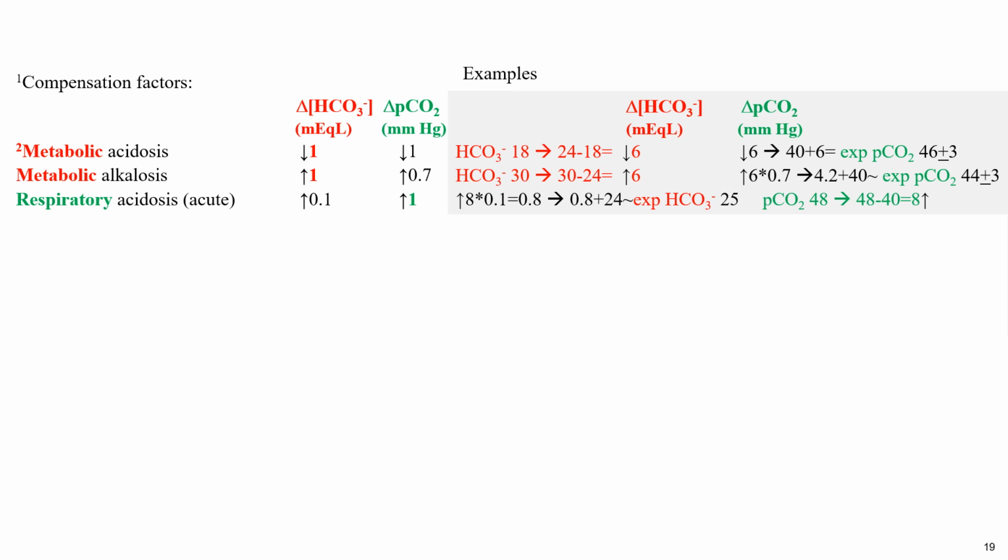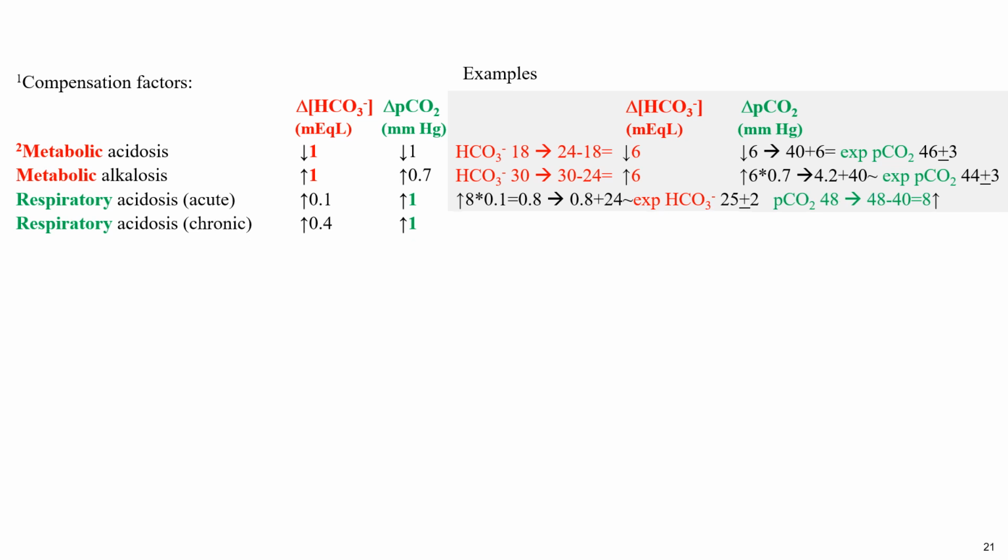This gives us 0.8. When PCO2 goes up in respiratory acidosis, bicarbonate also goes up, so we add 0.8 to 24. This gives us an expected serum bicarbonate of approximately 25. For expected serum bicarbonate, the margin of error is plus or minus 2.